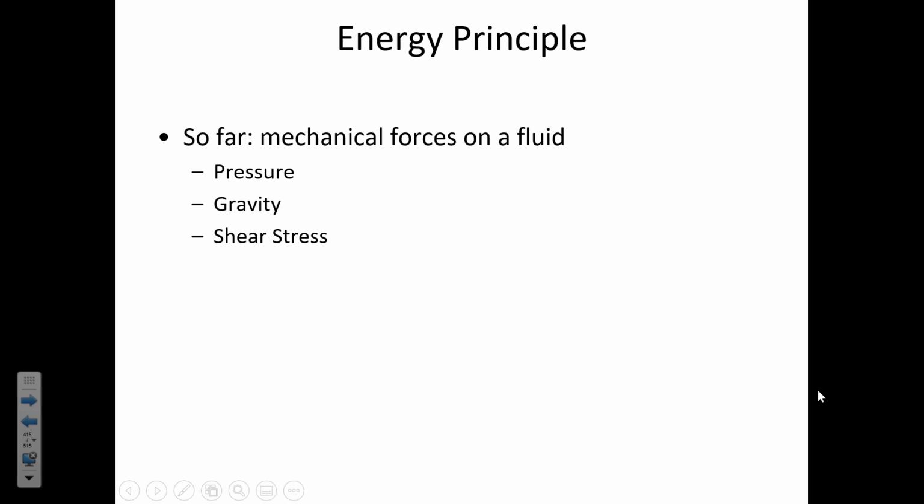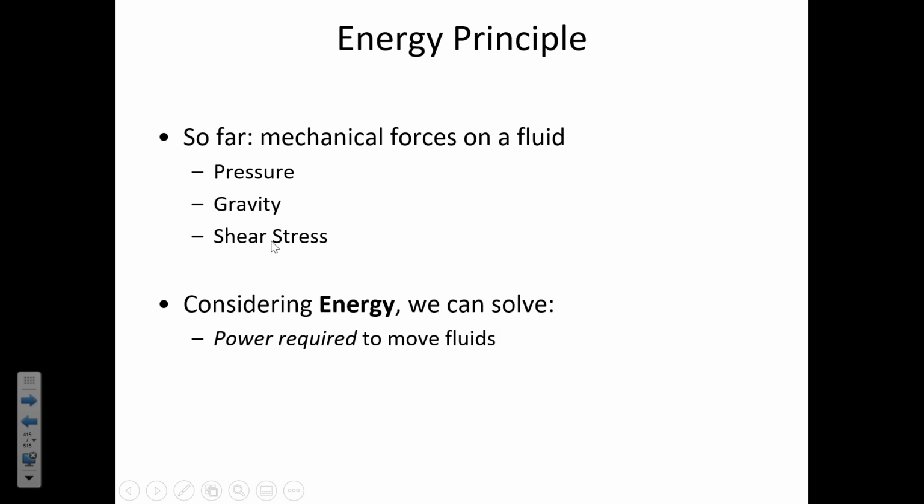But the key thing that we usually want to know, at least in terms of civil engineering, is at a certain location, what's the fluid's pressure? And so we've considered a variety of forces that are acting on a fluid, like shear stress. We talked about in chapter 2 of the book the effect of shear stress applied in a fluid and the resistance due to the viscosity.